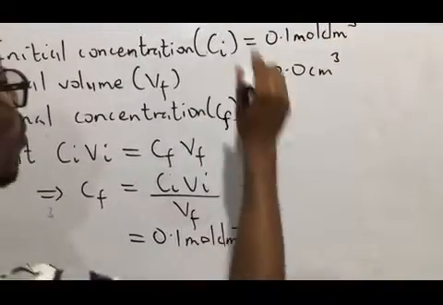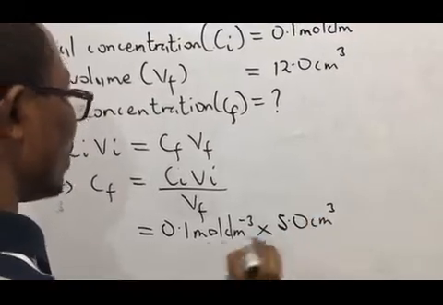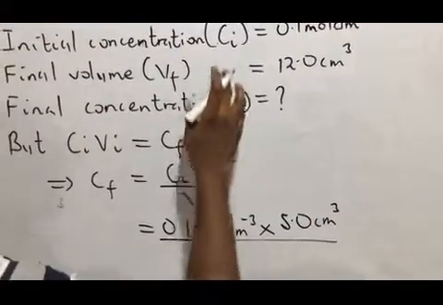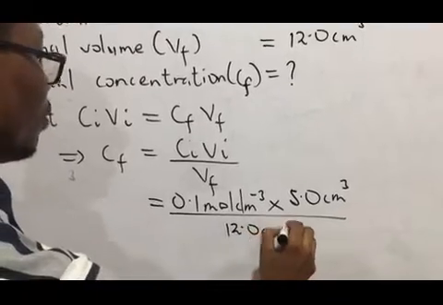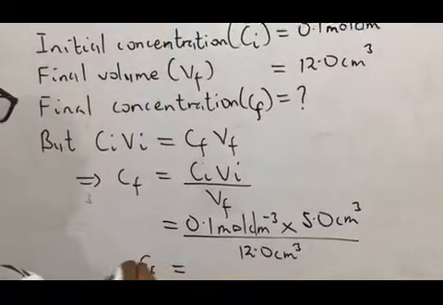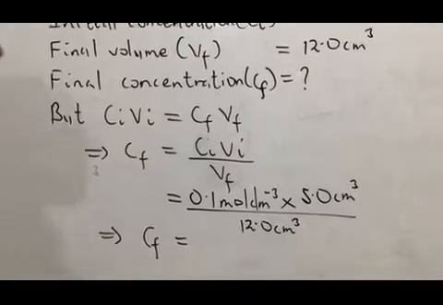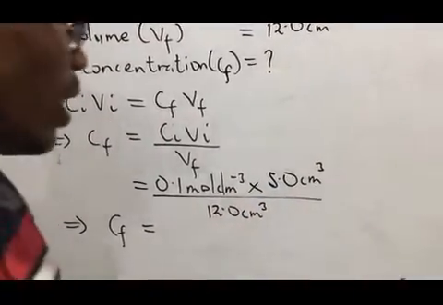VI is 5.0 centimeter cube. And then the VF is 12.0. Over here too, I didn't do any conversion to the volumes because they're in the same unit.